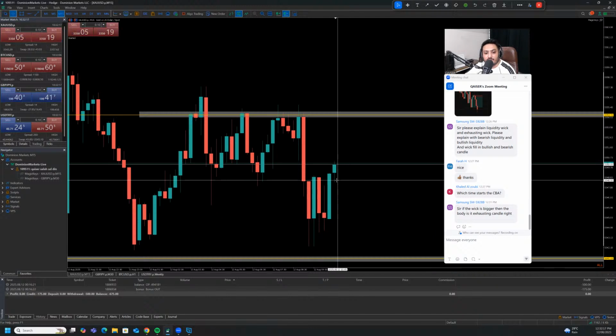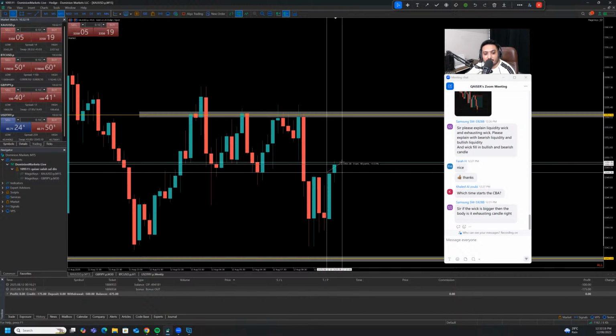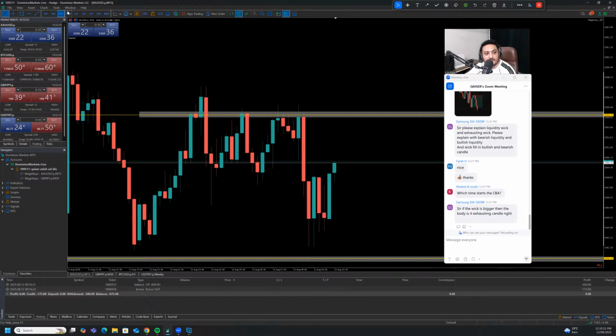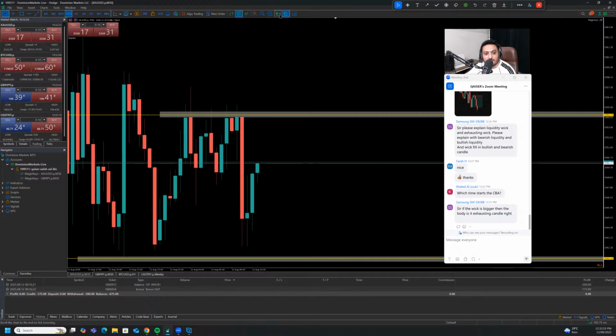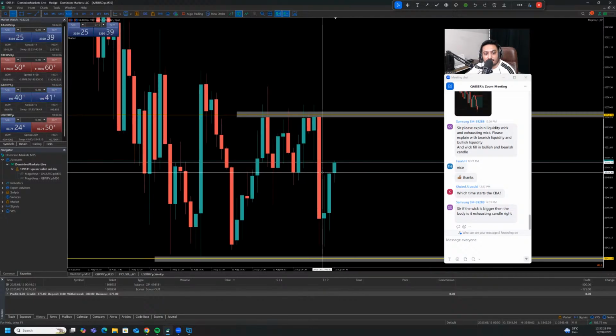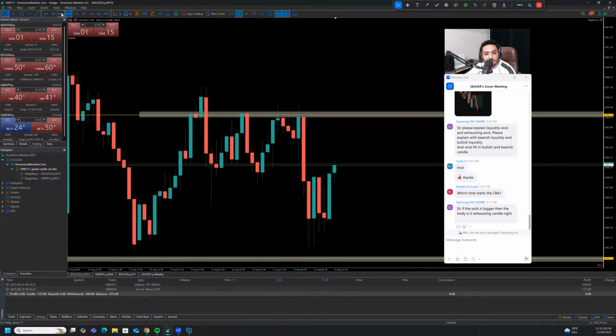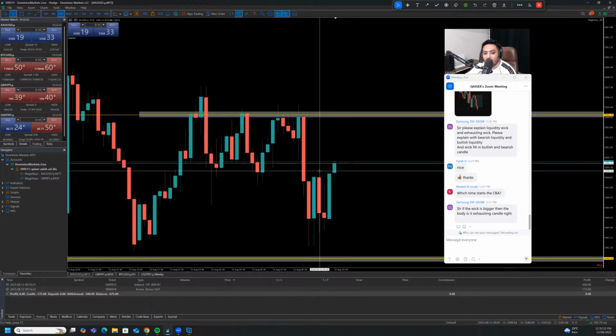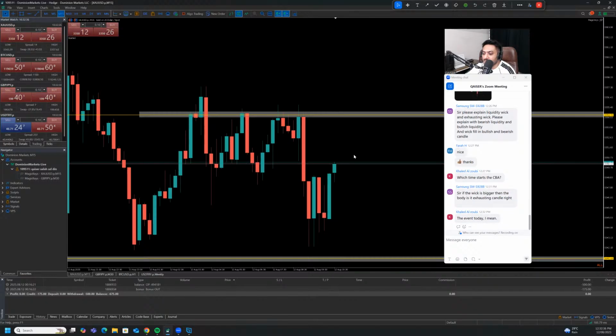Okay, so it created a wick, and now it's breaking above the high. Could it continue pushing to the upside? Who knows, but I'm not going to force myself. Look at the volume, it's not showing volume there. The event today is CPI, not CBI, it's CPI, Consumer Price Index.